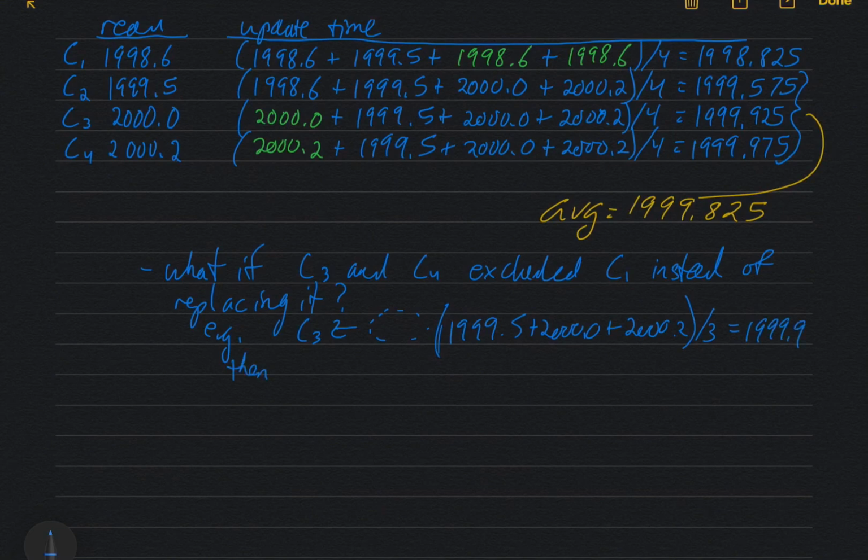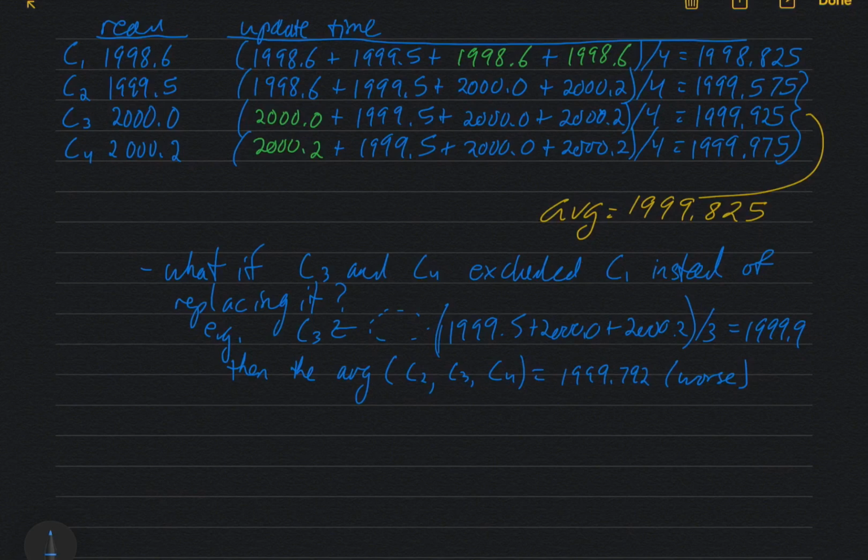Then the average of C2, C3, C4 would be equal to 1999.792, which is worse than the average above there, the 1999.825.